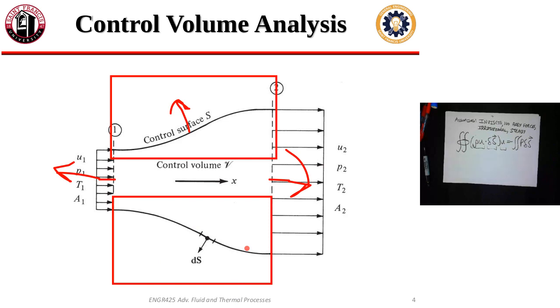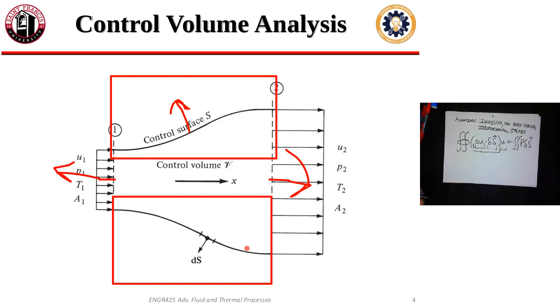So rho u dot ds, if we go back to the document camera, is going to be 0 for the upper and lower sides of the control volume.